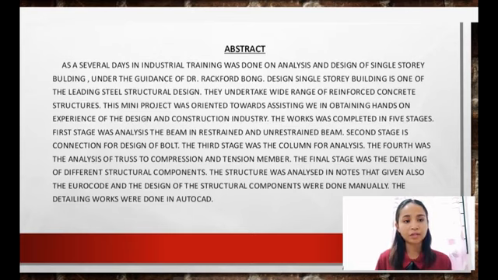And the final stage was the detailing of different structural components. The structure was analyzed using notes also given by the Eurocode, and the design of the structural components was done manually. For the detailing, the work was done in AutoCAD.